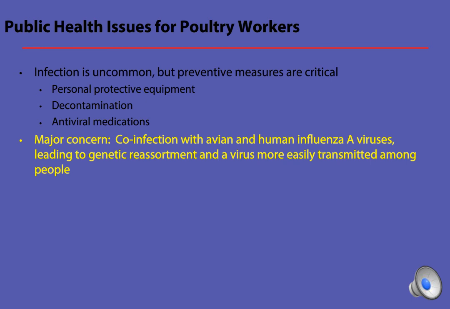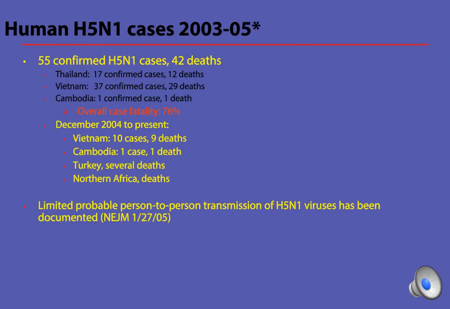But we have not yet seen the reassortment or genetic shift that would now allow those viruses to be transmitted from person to person. So there were 42 deaths in the 2003 to 2005 outbreak, and avian influenza has continued since that time, but there have been occasional deaths, and there's been, again, no extensive person-to-person transmission.